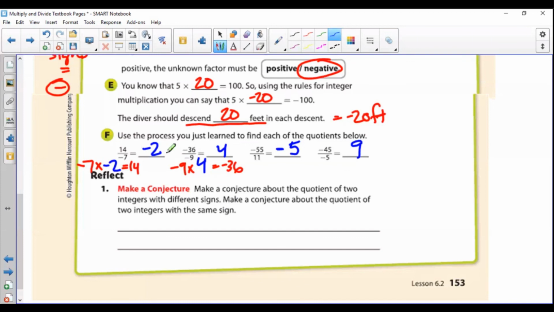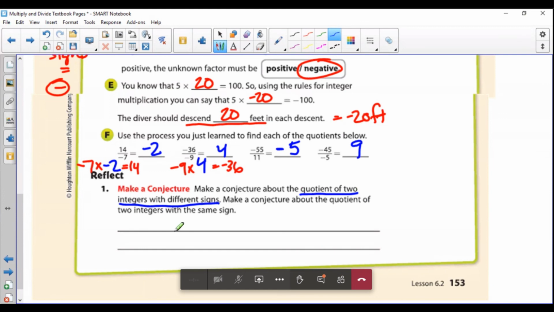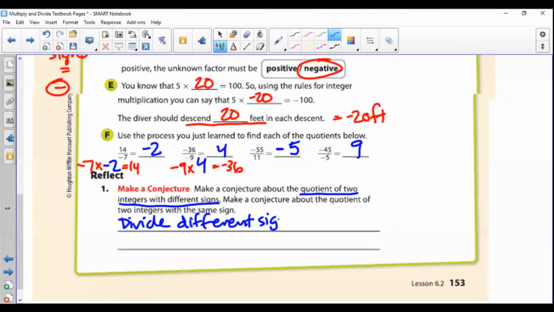So if I look at this, it's the same thing that's going on with multiplication. When I divide two numbers with different signs, it equals a negative answer.